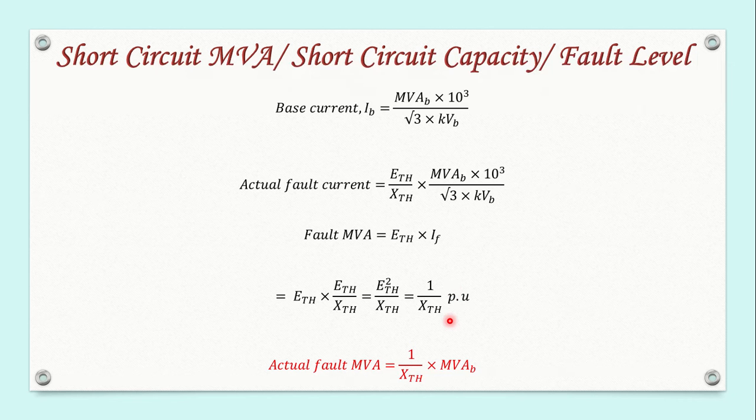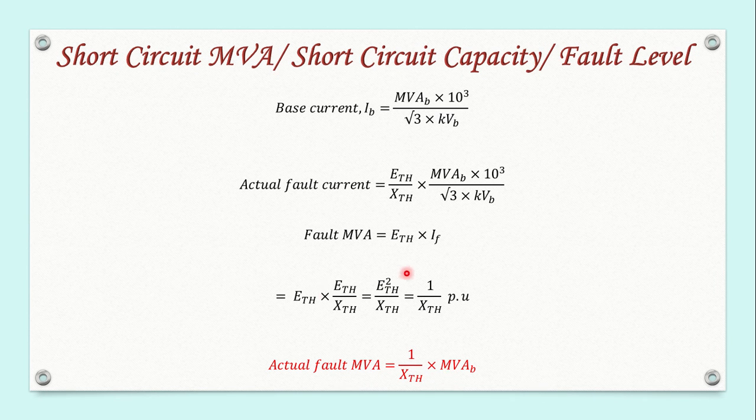If we have to calculate the actual value of fault MVA, we multiply the per unit value by the base value. So the actual value of fault MVA is equal to the per unit value into base MVA.